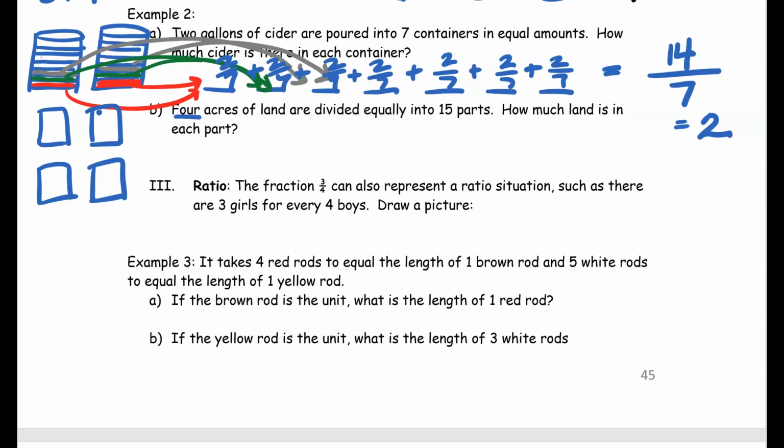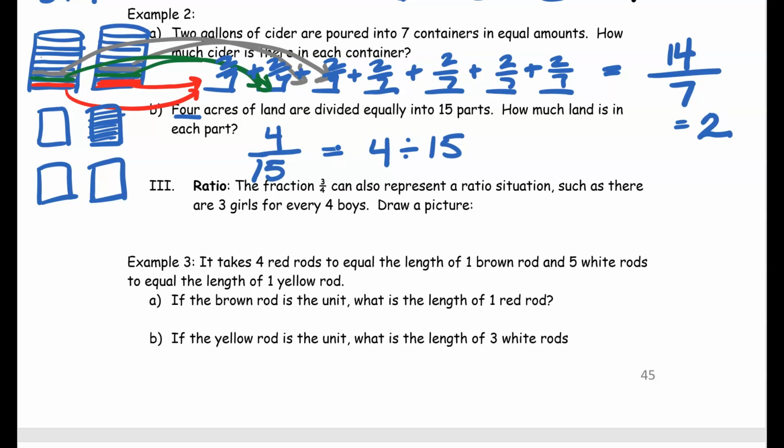It's hard to do here because they're so small, but if each has 15 pieces, you could take a 15th from each one and give it to a part. So the answer would be 4/15. And you could also think of this as 4 being divided into 15 parts. These are the same thing.